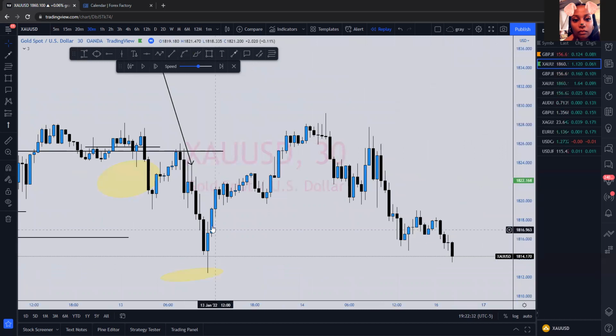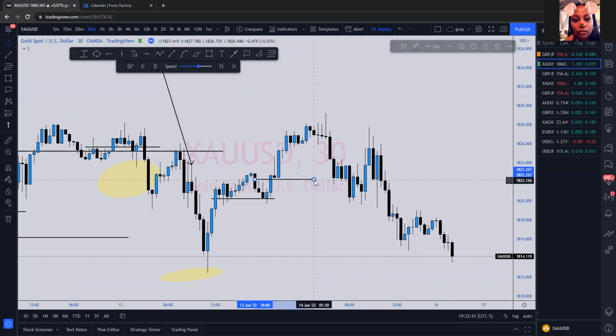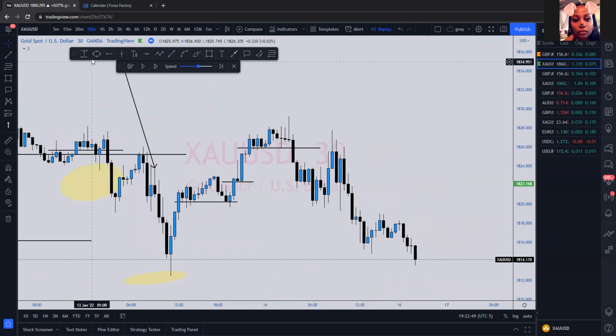So we have the break, and then now we're monitoring the higher lows. And we see what we need to see.